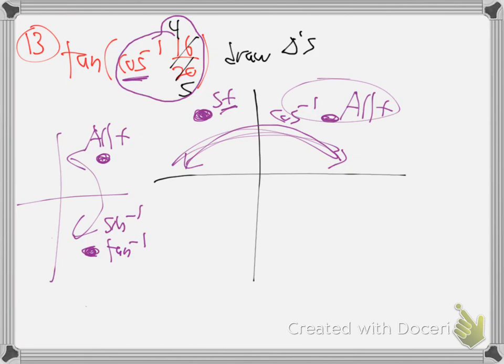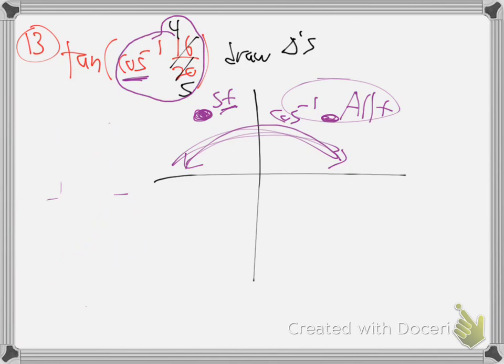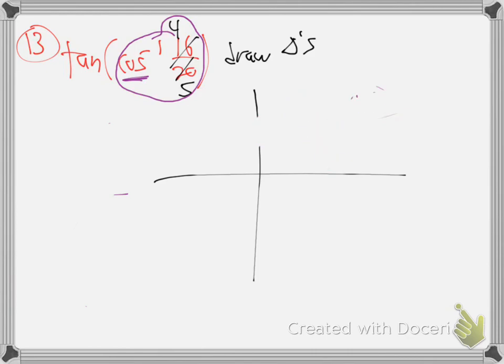It's always going to be one of two quadrants when you have an inverse function. Then you just look at the sign. Positive will always be the first quadrant. Negative will be the other quadrant, whatever that happens to be. In cosine's case, that's the second quadrant. All of that was just to figure out which quadrant we're in. We're in the first quadrant, because cosine inverse is positive in the first quadrant.